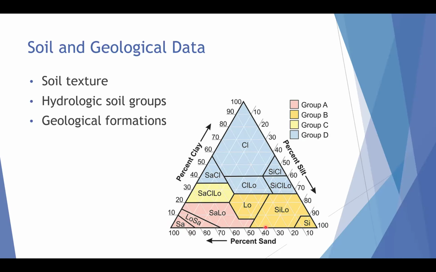Silty loam, silt, loamy sand, sandy loam, depending on what percentage of clay and sand are present. Based on this textural grouping, you have 4 groups, and these groups indicate different levels of infiltration rates of the soil.